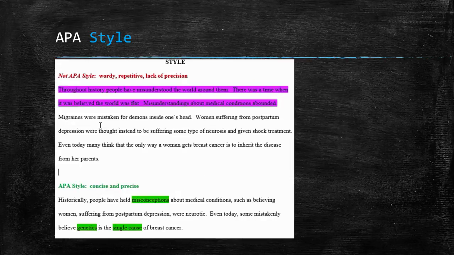And then here we have migraines were mistaken for demons inside one's head. Women suffering from postpartum depression were thought instead to be suffering some type of neurosis and given shock treatment. That is replaced by the second half of the sentence, such as believing women suffering from postpartum depression were neurotic.